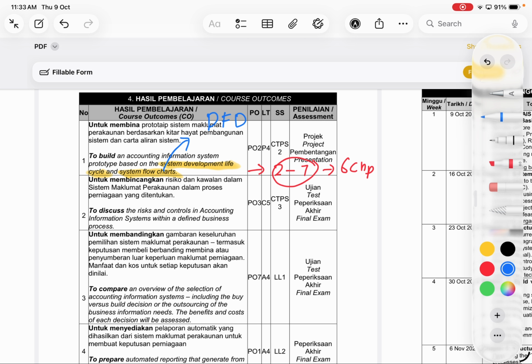How a company's data flows from one department to another department. This is where I use the DFD to depict the process of what is happening. Are you okay?